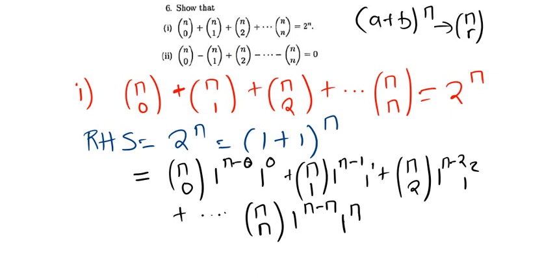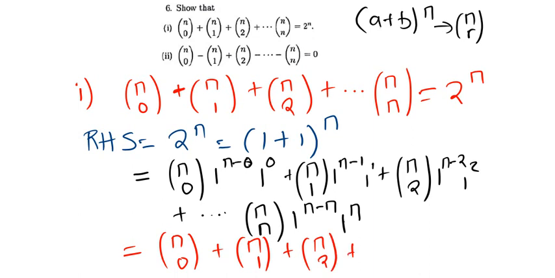So you know that 1 raised to any power still remains 1, right? So this will just mean that we're going to remain with n choose 0 plus n choose 1 plus n choose 2 plus, until we get to the last term, which is n choose n.